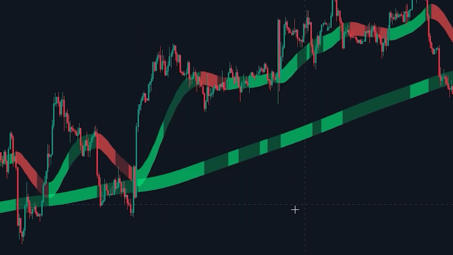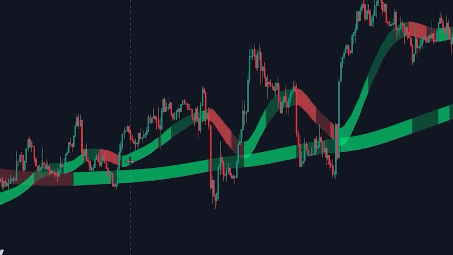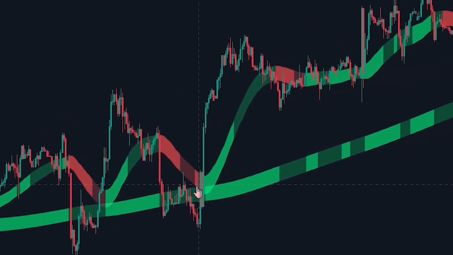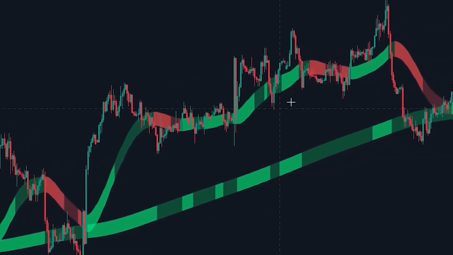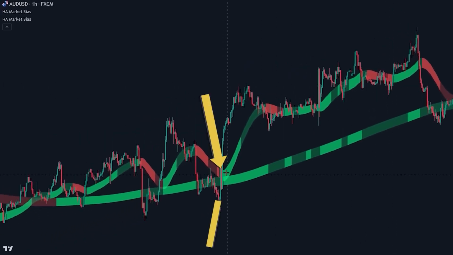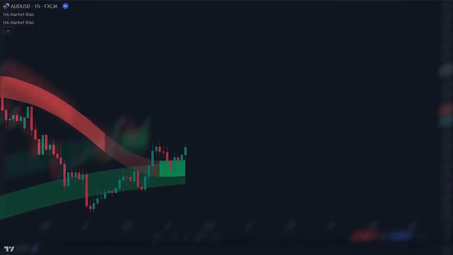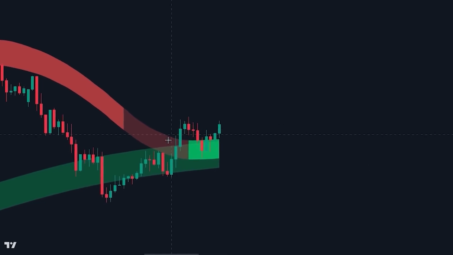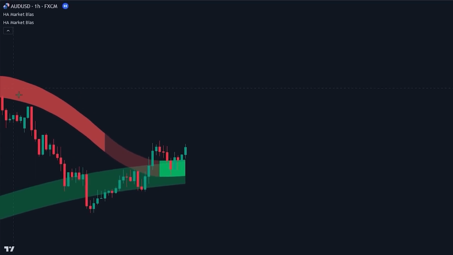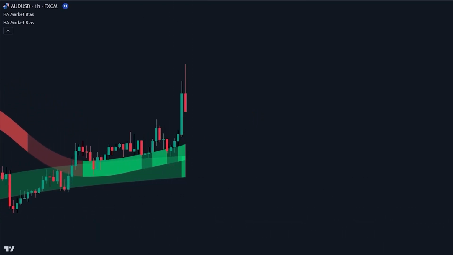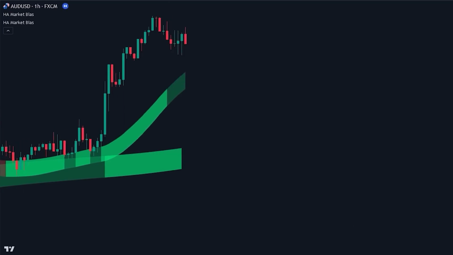As you can see, by applying two of these indicators to the chart, we can see both the short and long-term trends, allowing us to enter into positions when both the short-term and the long-term trends align. In this case, the longer-term bias was bullish, and along with this the short-term bias just switched to bullish, indicating that there is bullish sentiment for the long-term and short-term trend, making it likely that the price will move in the upward direction after this signal. If we take a look at the price action, we can see that this was indeed the case.